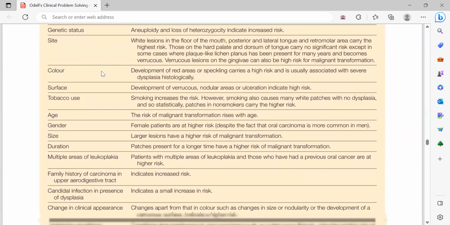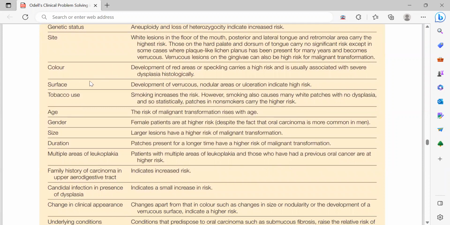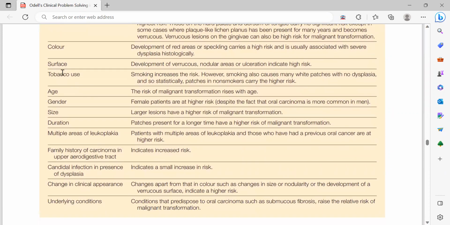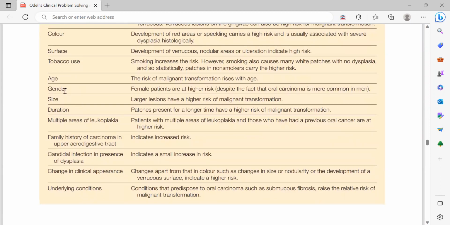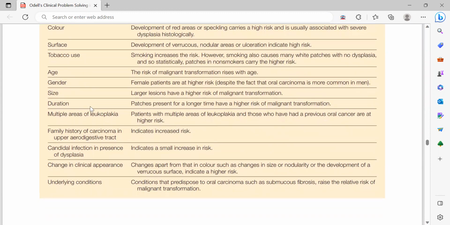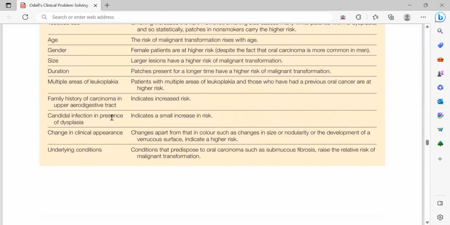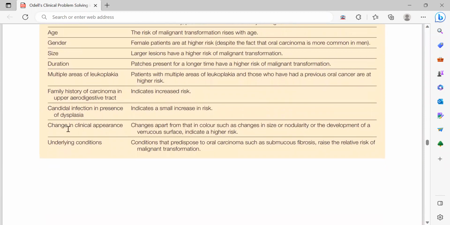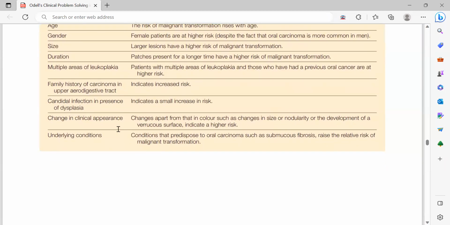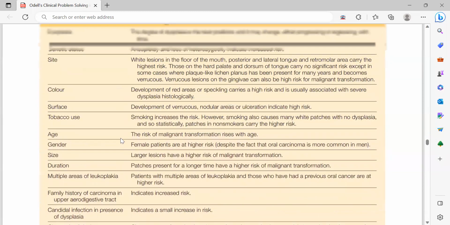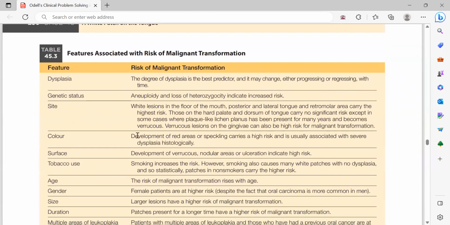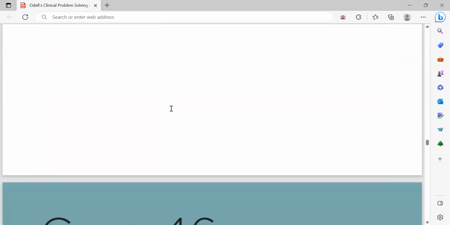Then how is the surface, is it ulcerated, is it homogeneous, then if the patient is using tobacco, with increased age, male gender, more increased size, more duration, multiple areas, family history, candidal infection. It also increases the risks, and changes in clinical appearance and underlying conditions. So these are all the risk factors that they have given that can help in changing this white patch into malignant.